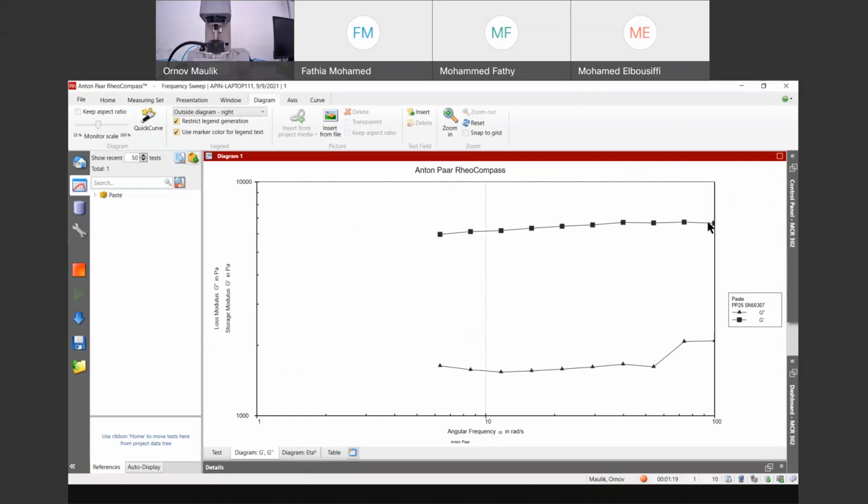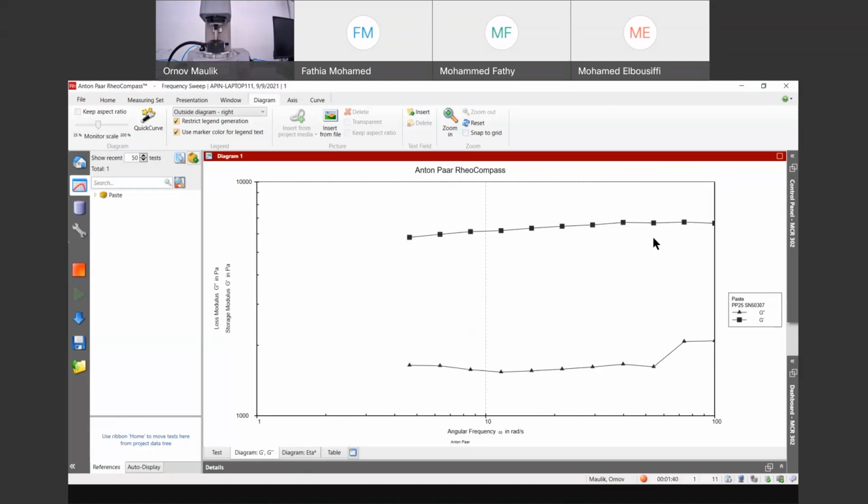So here you can see that this sample is having G prime always dominant over G double prime. That would mean that this is acting more like a solid, and the slope of this G prime would actually give you the physical stability of your material.